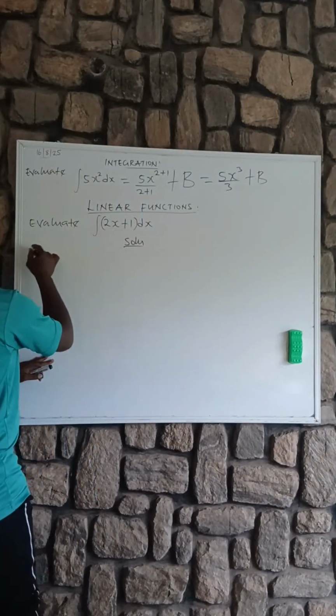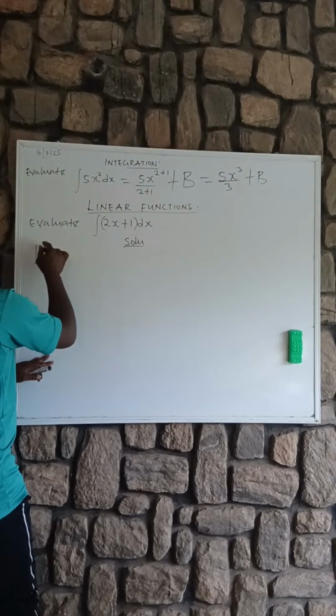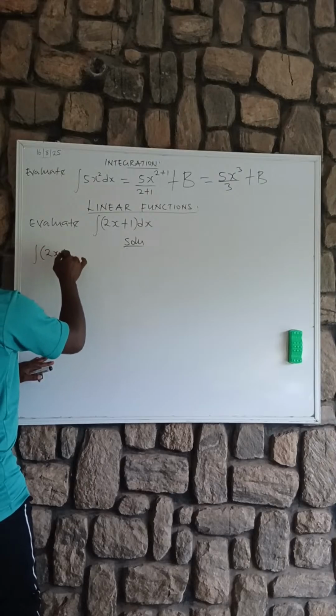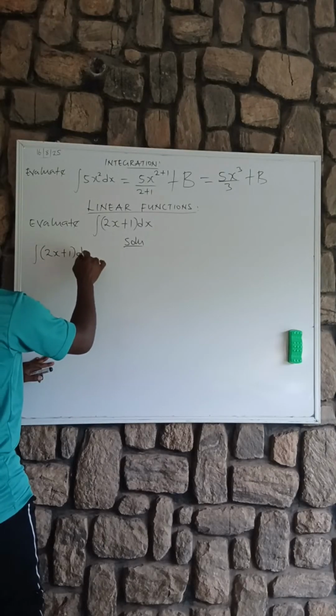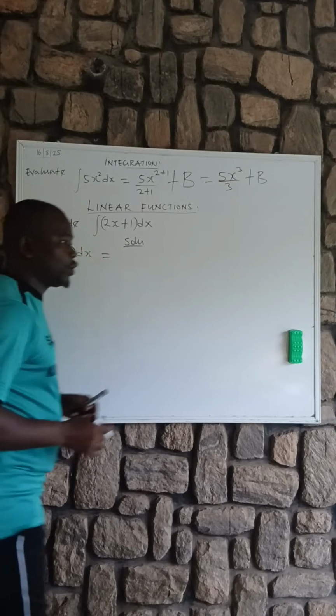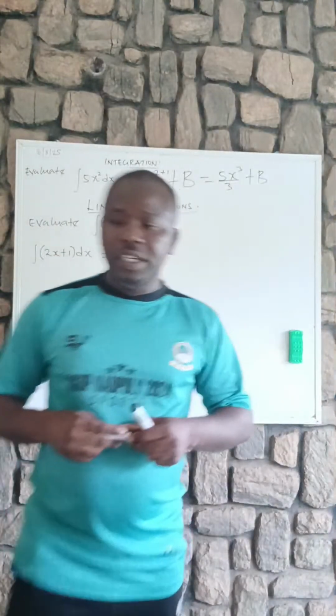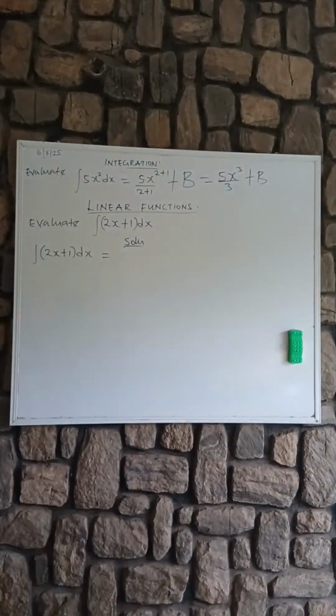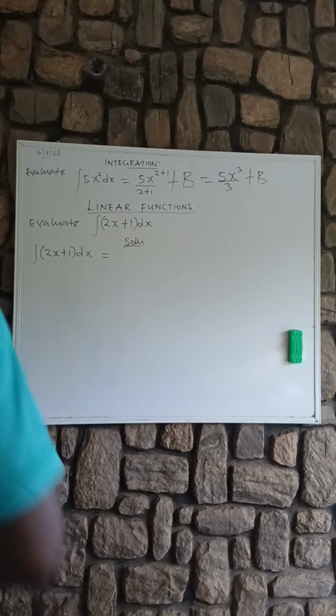Our integral 2x plus 1 dx, what we need to do is use the integral to multiply the function.